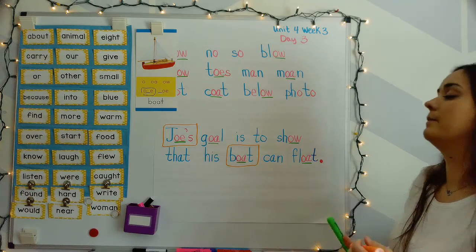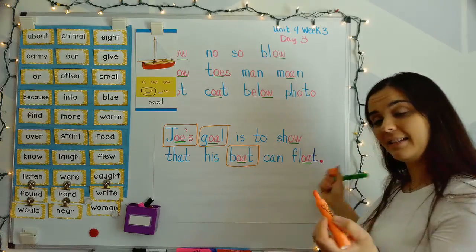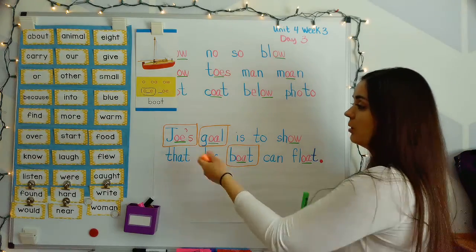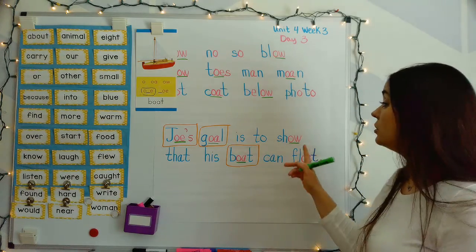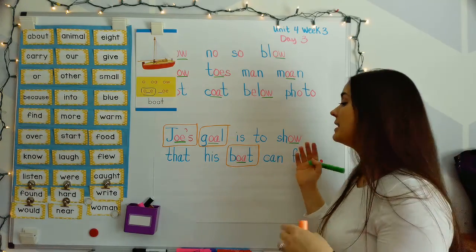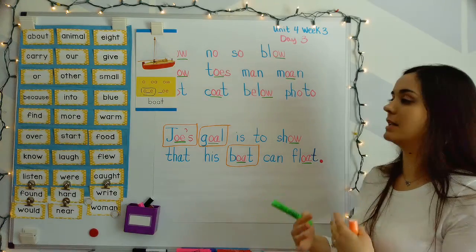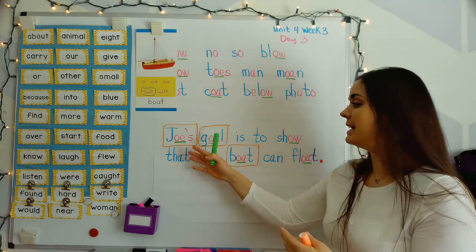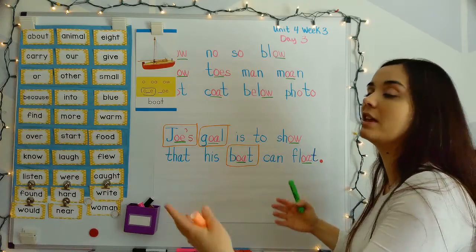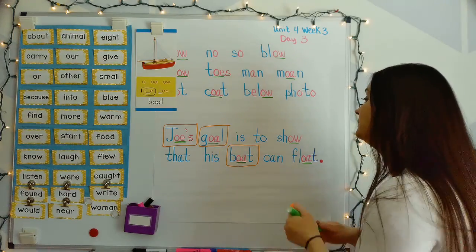The word goal is also a noun because it is the thing that belongs to Joe. So his goal, that's what kind of belongs to him. It's not something that you can touch, but it is a thing. It is something that he is doing that belongs to him, his goal.